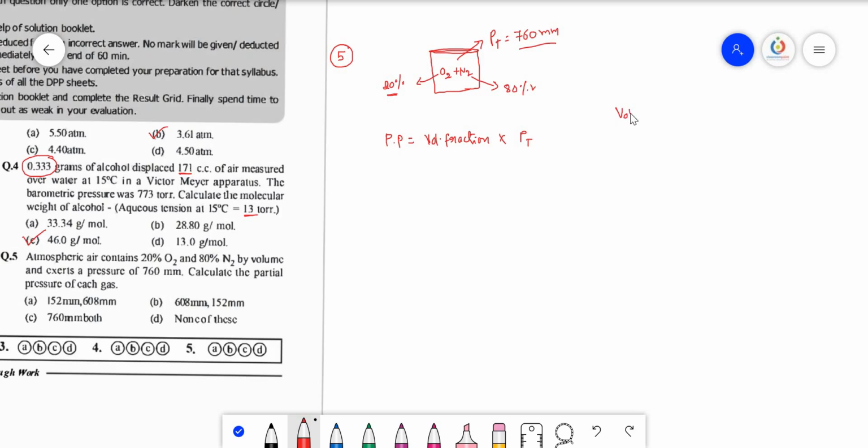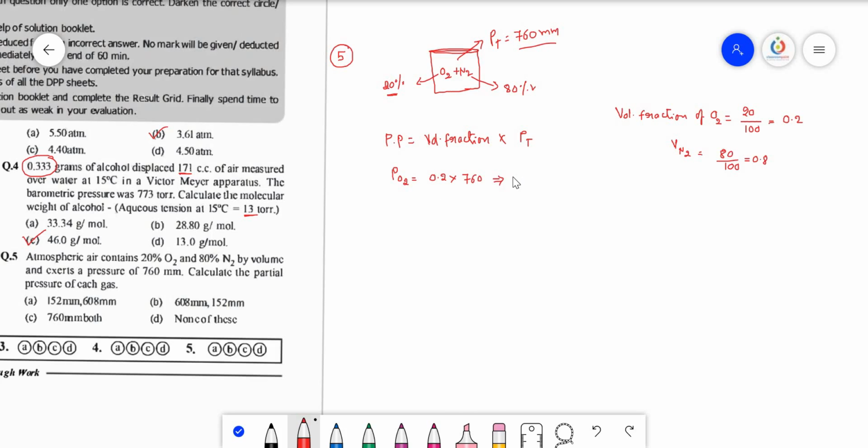So, volume fraction of oxygen, O2, is equal to the given percentage value divided by 100. So, we will get the fraction, that is 0.2. Similarly, volume fraction of nitrogen, we will get 80 by 100 is equal to 0.8. So, partial pressure of oxygen is equal to volume fraction of oxygen, that is 0.2, into total pressure 760 millimeters of pressure.